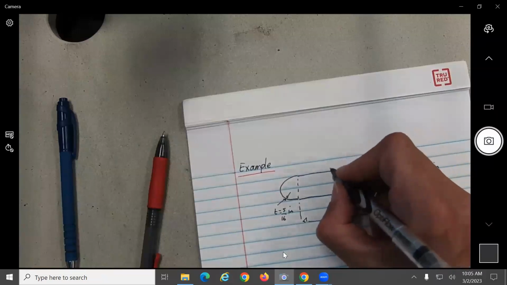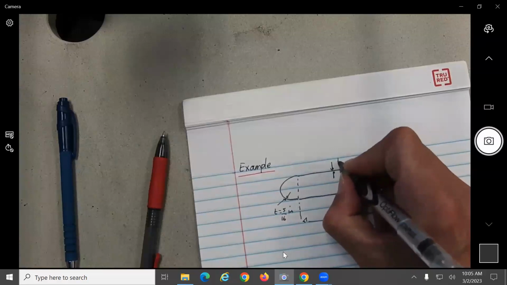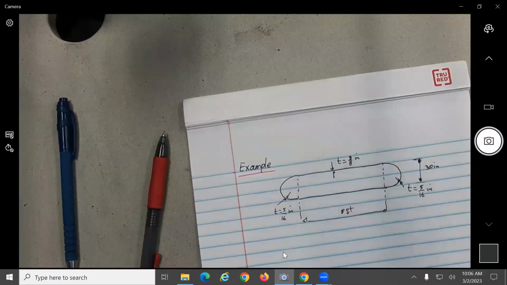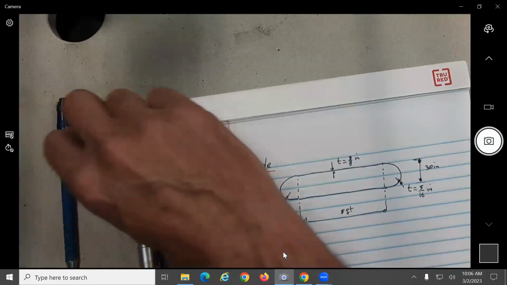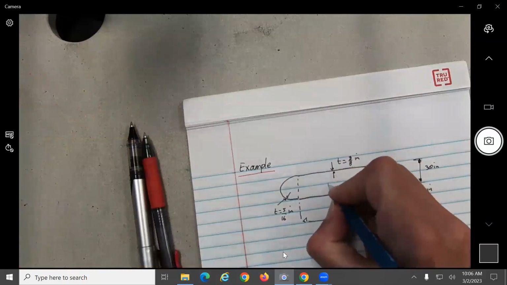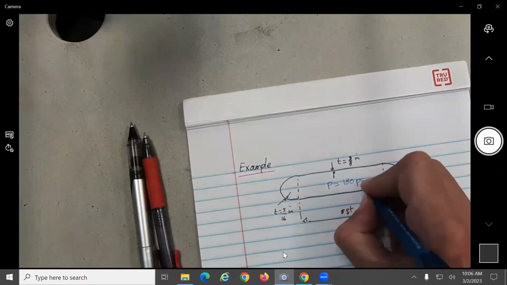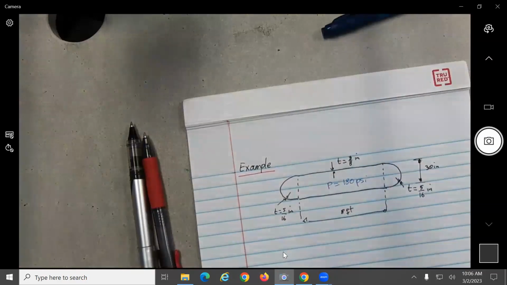This is fabricated from, so this cylindrical part has a thickness of 3/8 of an inch. Okay, and inside the tank, let's say we have a pressure of 180 psi.